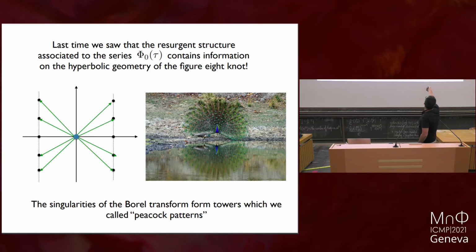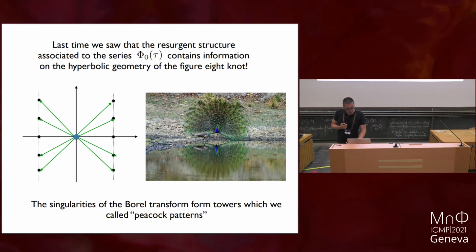So we are going to take Stokes automorphisms which take into account all the feathers in the peacock up, and another product of Stokes automorphisms that takes into account all the feathers in the peacock which is in the reflection in the pond. Okay? So I'm going to define two matrices, and each of these matrices will include an infinite number of Stokes constants associated to all the possible singularities that appear here. And this turns out to be the more convenient way of encoding this information. Okay?